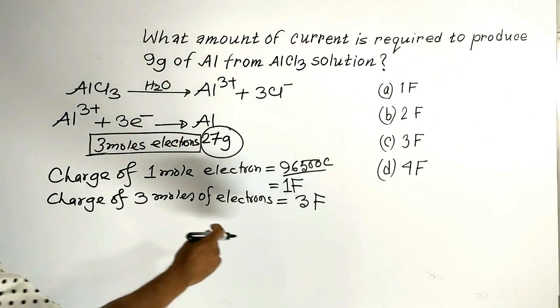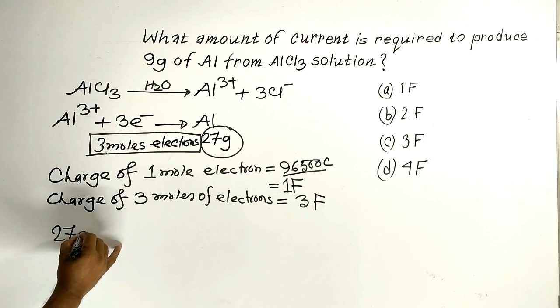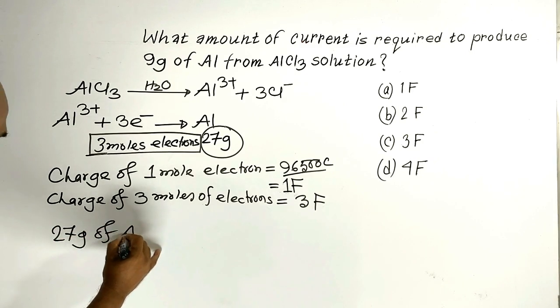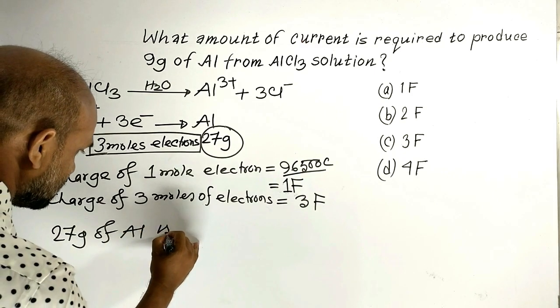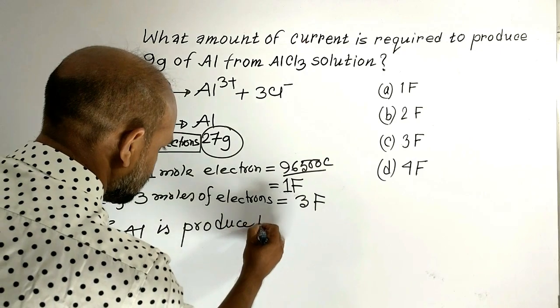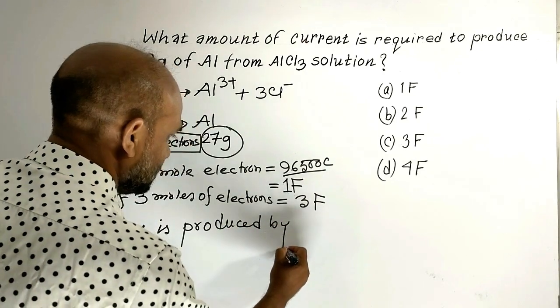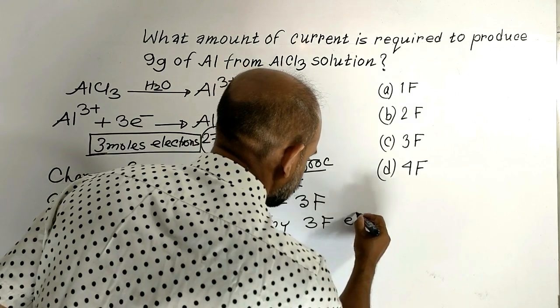That is, to produce 27 gram of aluminium, 27 gram of aluminium is produced by 3 Faraday current or electricity.